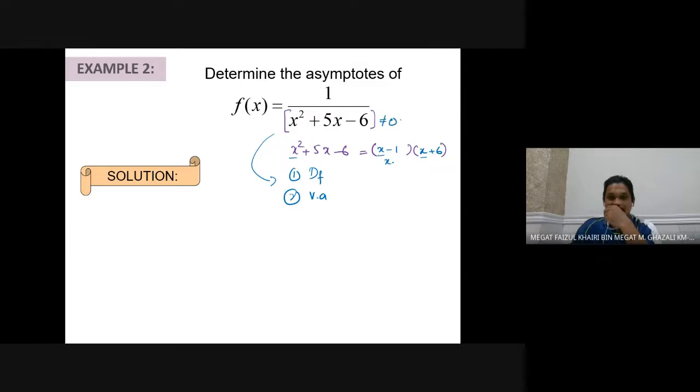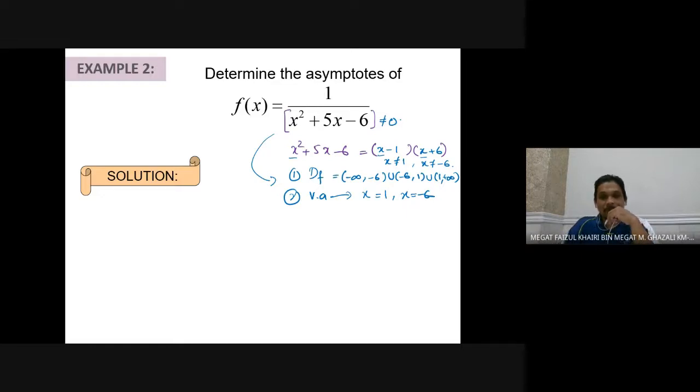So x cannot be equal to 1 and x cannot be equal to negative 6. So the domain of this function is negative infinity to negative 6, union negative 6 to 1, union 1 to positive infinity. And the vertical asymptote is where x equals 1 and x equals negative 6.